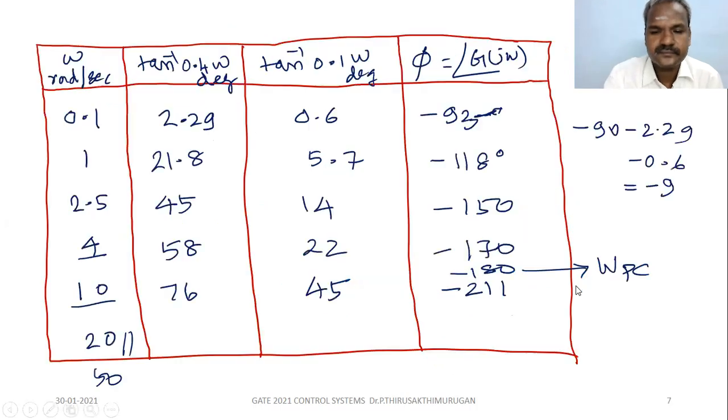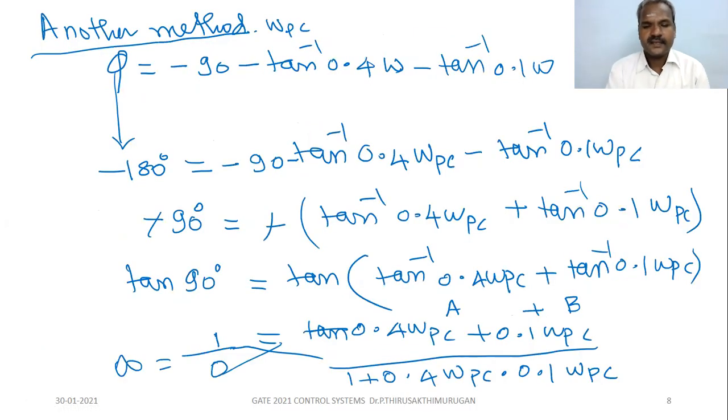Omega PC square equals 1 by 0.04, which is 25.